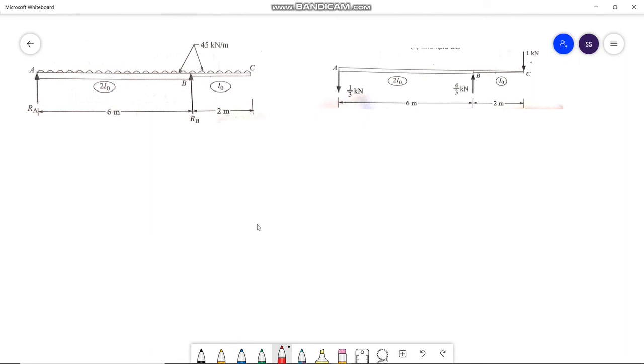Now we are going to calculate the deflection at point C, that is del C equals integration limit 0 to L capital M into small m by EI dx.